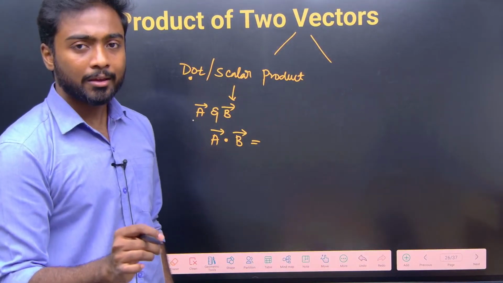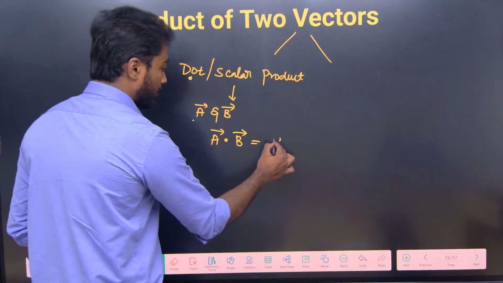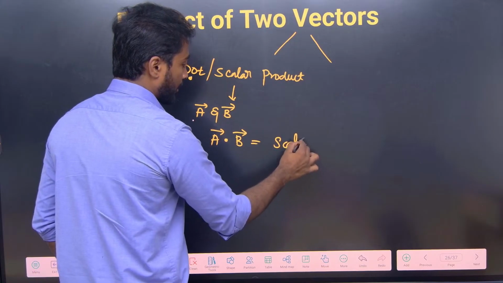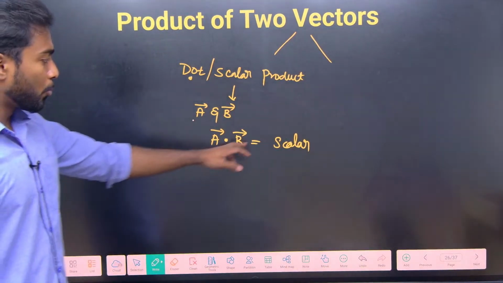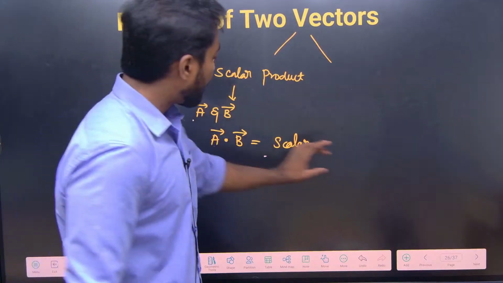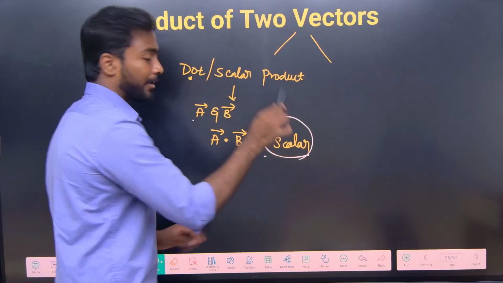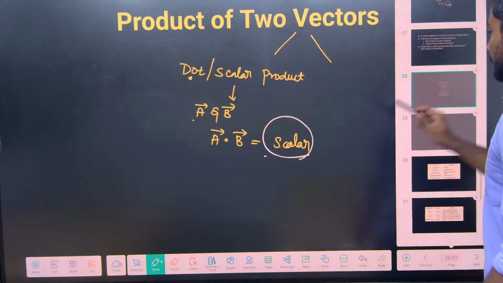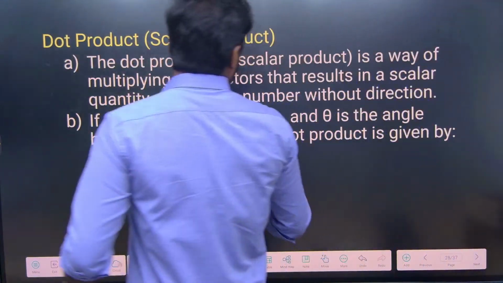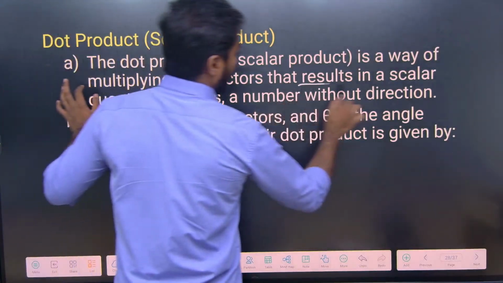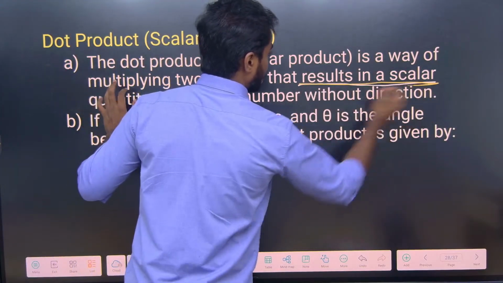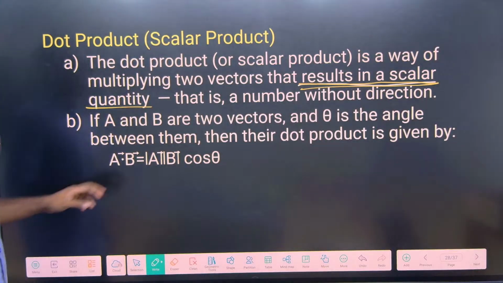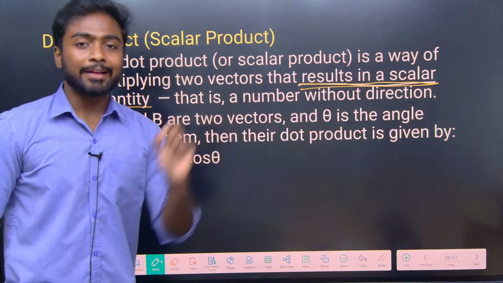Okay, we will talk about what the resultant will give, but obviously the resultant is a scalar quantity. So, the result will always be a scalar quantity, that is a number without any direction.